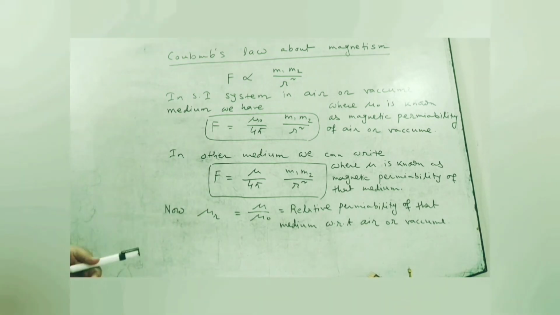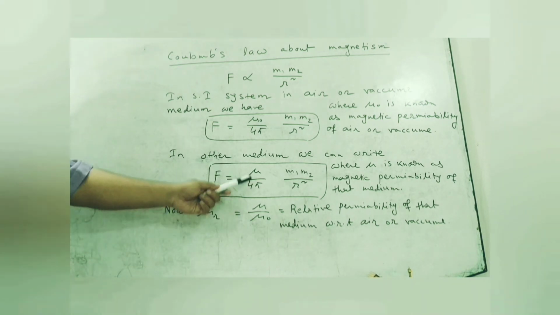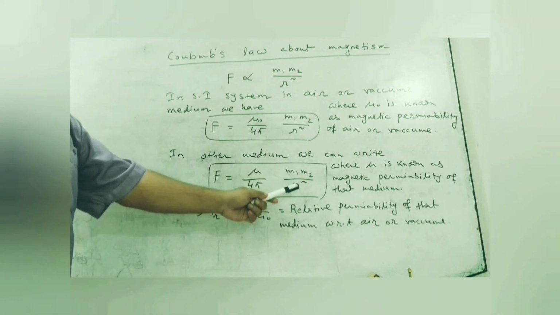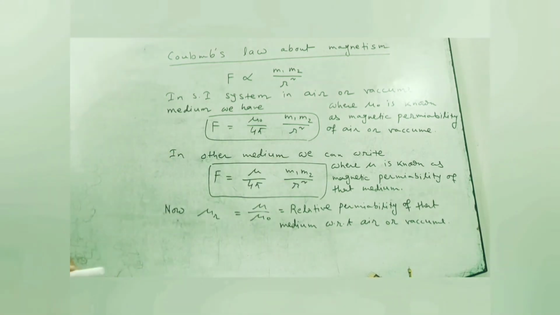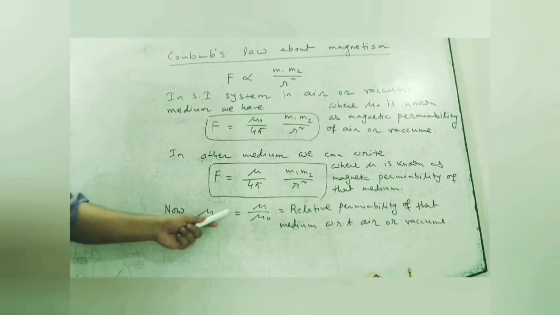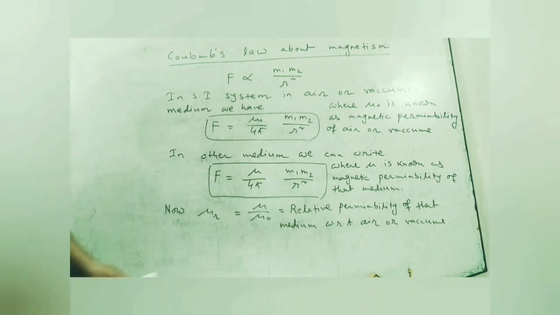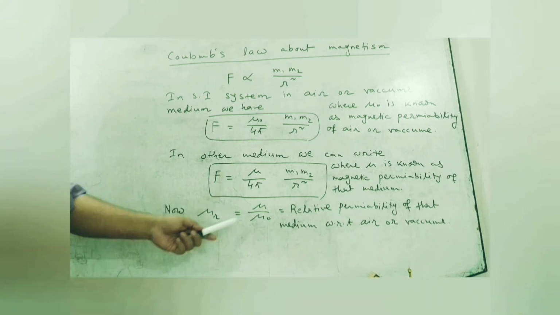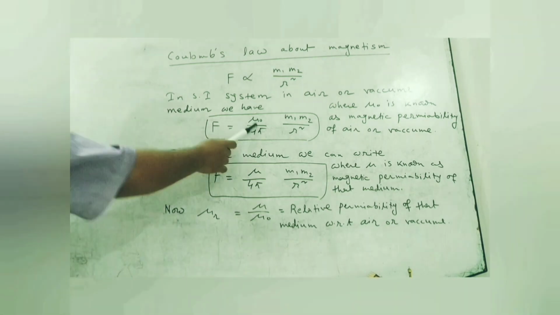Here mu0 is the magnetic permeability of air or vacuum. If the experiment is conducted in another medium, then the law will be F is equal to mu by 4 pi M1 M2 by r square, where mu is the absolute magnetic permeability of that medium.